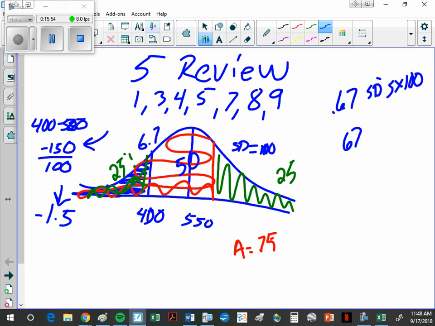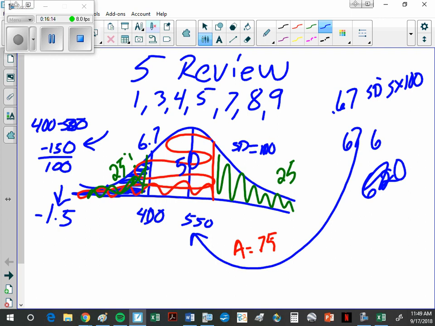What does 67 tell us? That's how many points higher than the average this person was. So I add that back to 550, and I get 620. Oh, no, that's 67, sorry. 617, yeah.